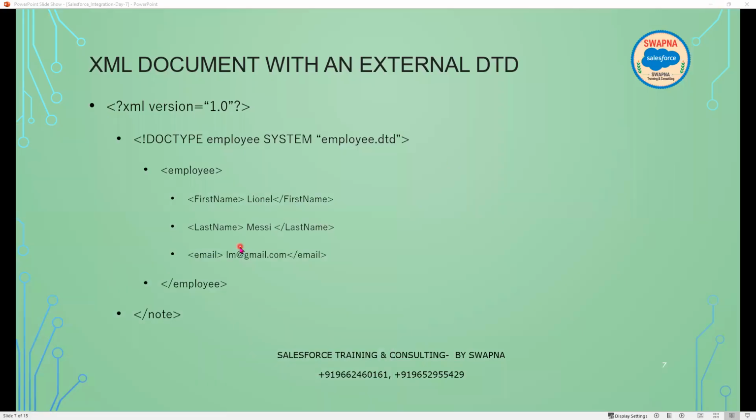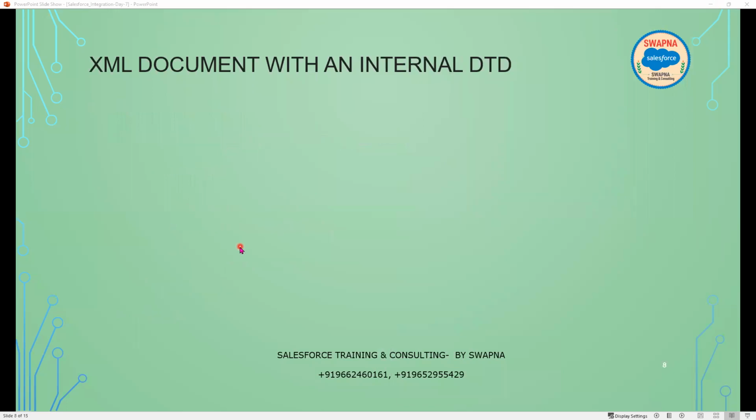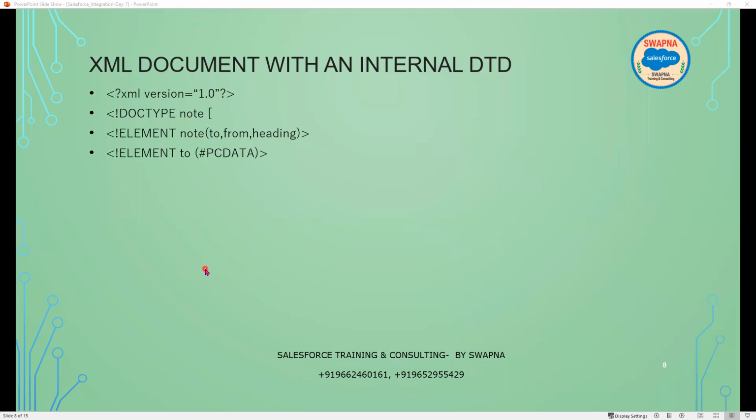Whereas for internal DTD, the first line is as usual the same. From the second line, it says exclamation DOCTYPE note, and one object gets opened. In that object, you specify exclamation ELEMENT note to from heading.